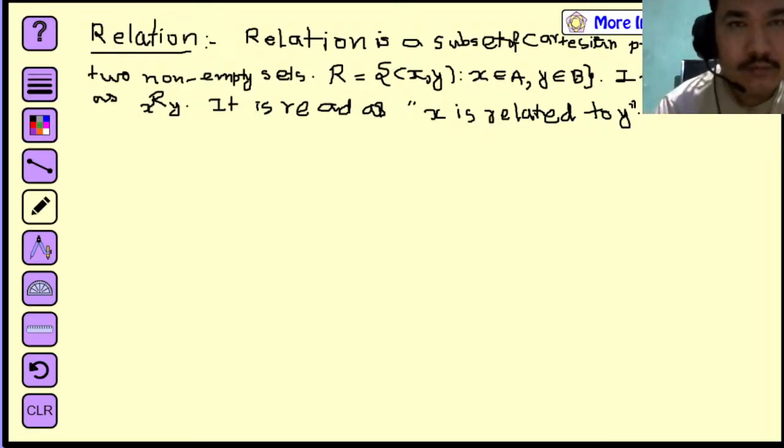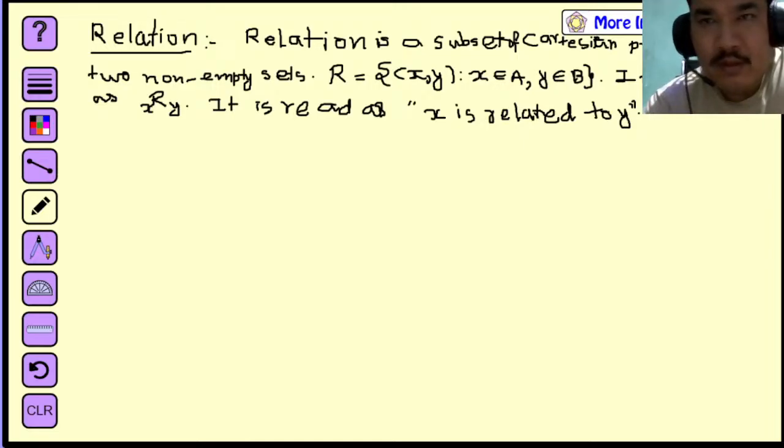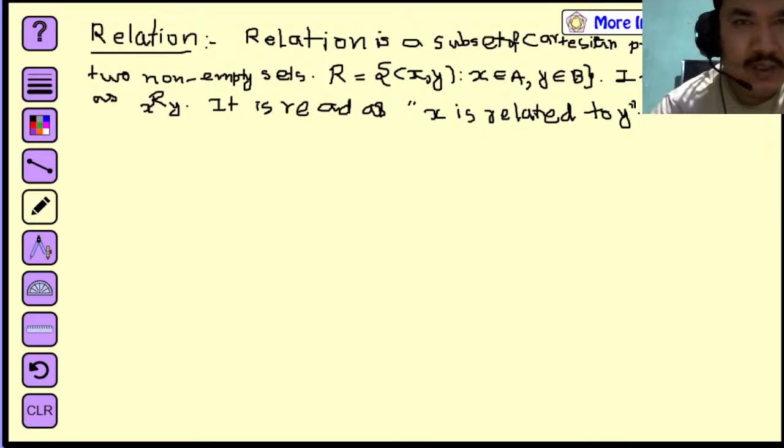And here it is given like this. Now this is the definition for the relation: x is related to y. Then look here, I am going to clear this definition of the relation.